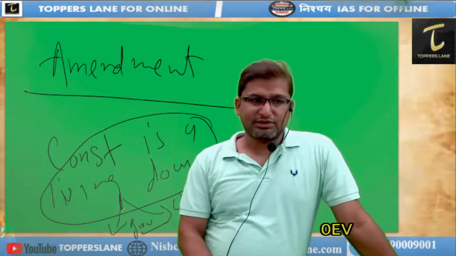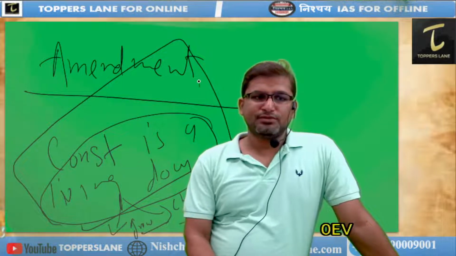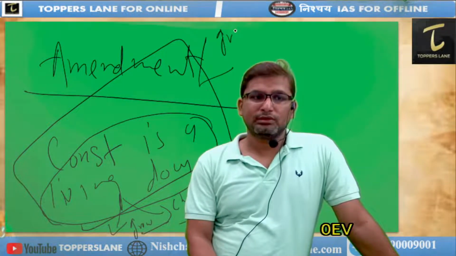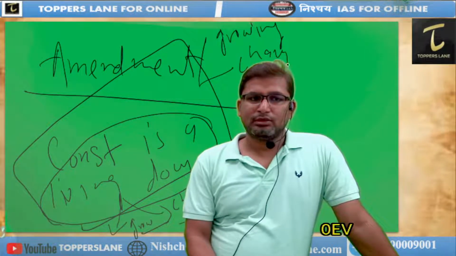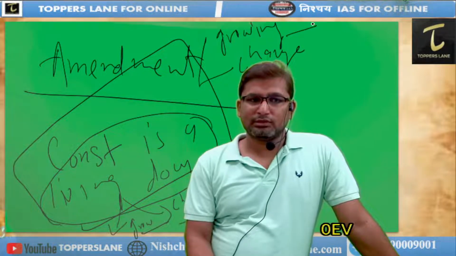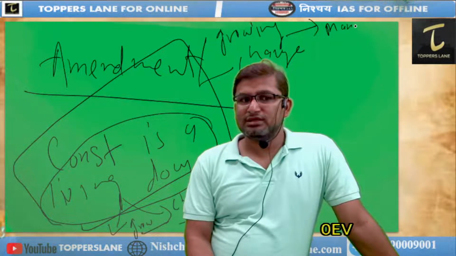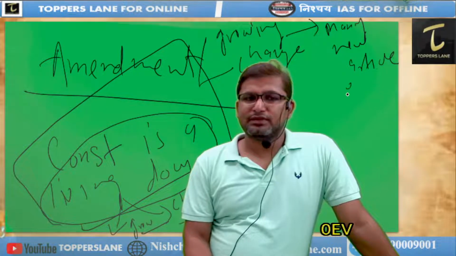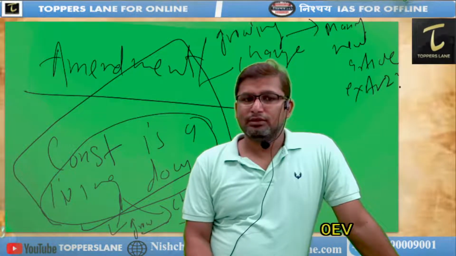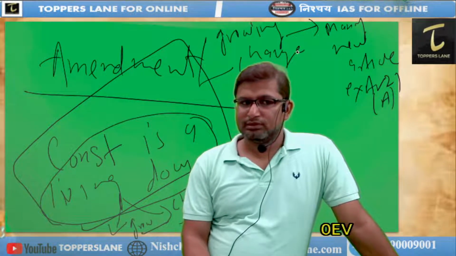So if we say that the constitution is a living document, what does it mean? It means it is both growing as well as changing. What do we mean by growing? We have inserted many new articles, na? So write down all these things. Many new articles, for example Article 21A, 51A.